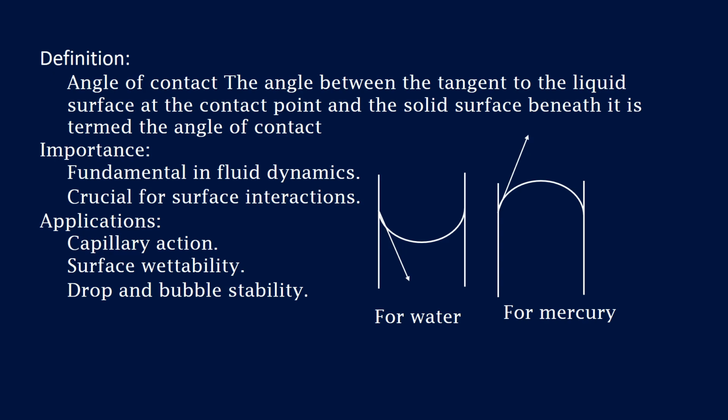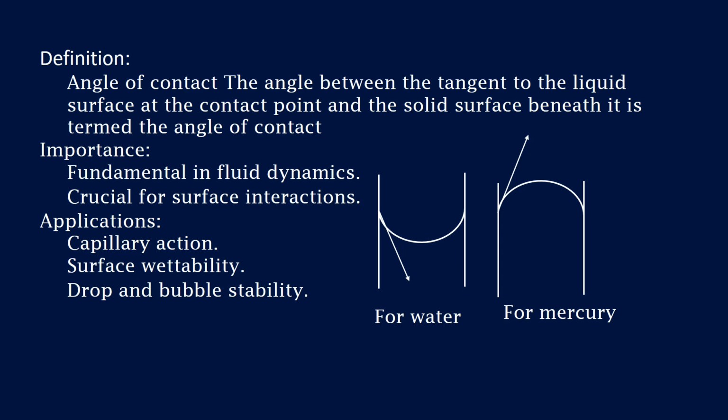It can range from nearly 0 degrees, indicating complete wetting, as seen with water on a clean glass surface, to close to 180 degrees, indicating non-wetting or superhydrophobic behavior, as observed with certain repellent coatings.